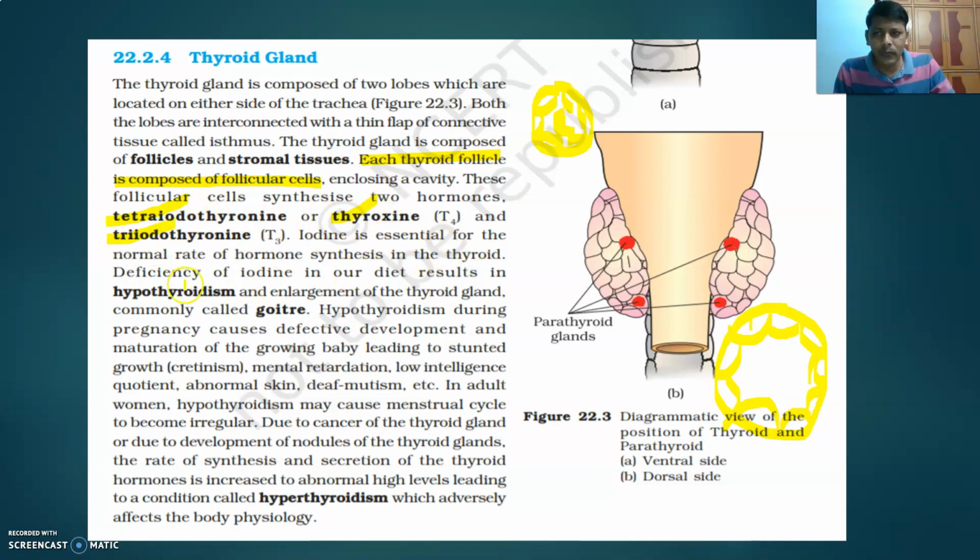Iodine is essential for the normal rate of hormone synthesis in the thyroid gland.